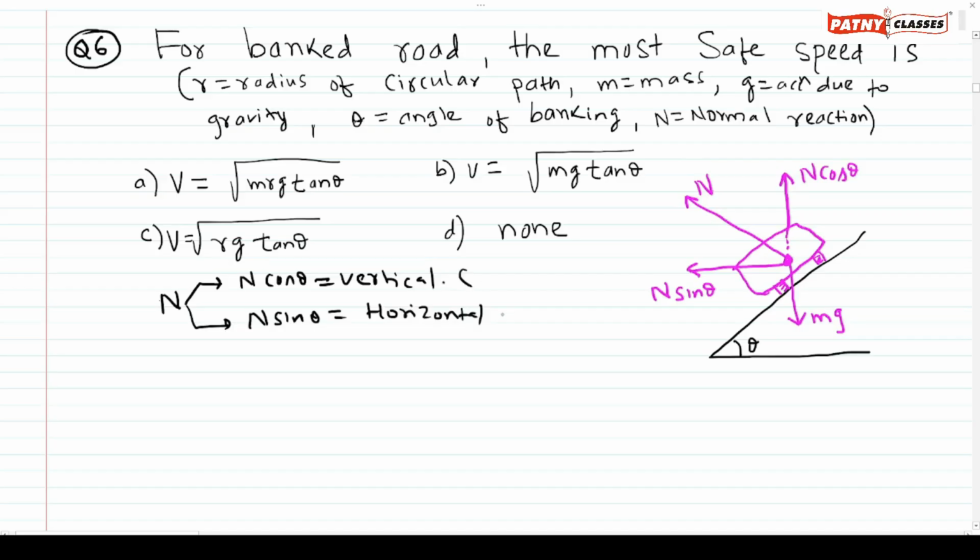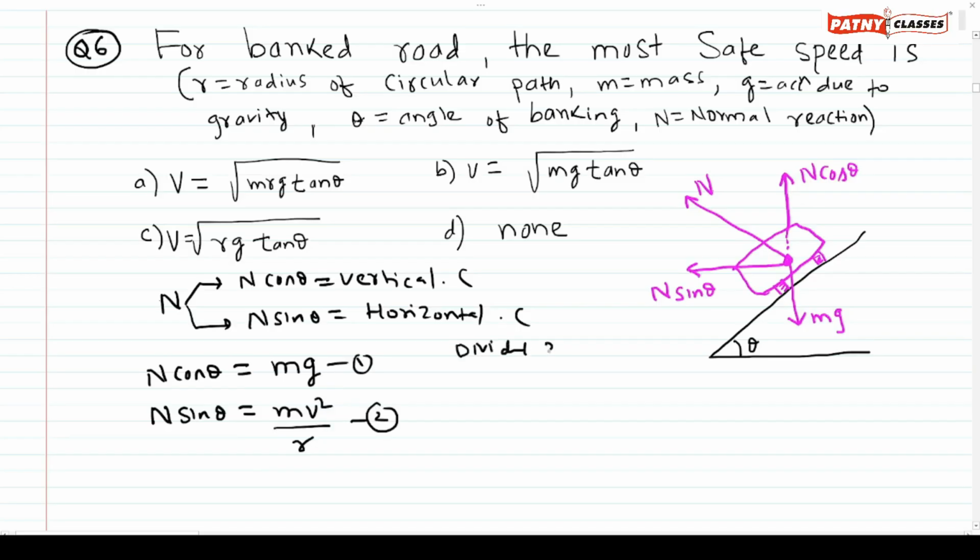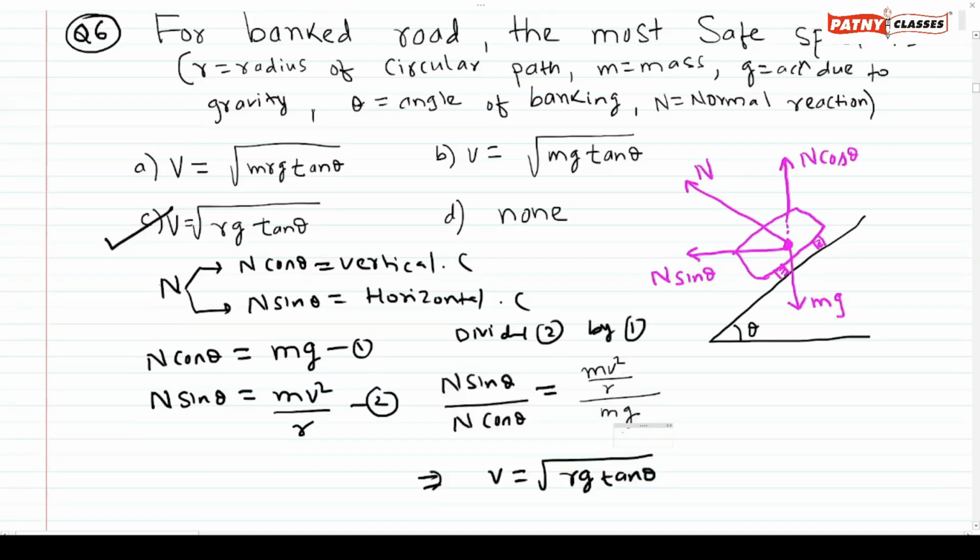Now the vertical component N cos theta is balanced by the weight of the body, so N cos theta equals mg. And the horizontal component N sin theta is balanced by centripetal force. So we get equation 1 and equation 2. Dividing 2 by 1, we get v equals under root of Rg tan theta. Therefore, option C is the correct option. We lock option C.